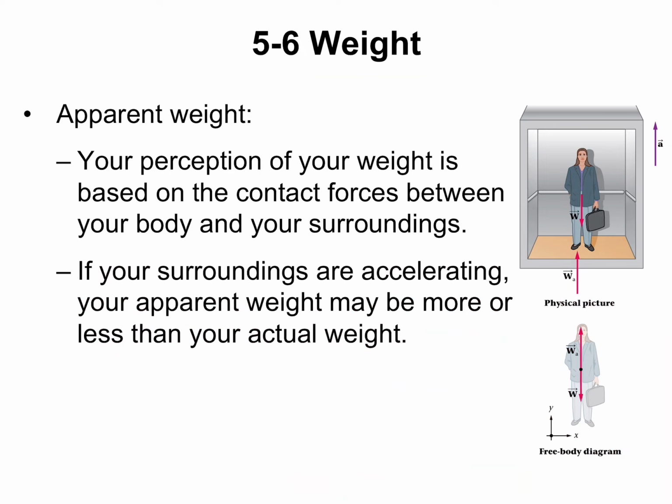Sometimes we have a different weight, which we call apparent weight. So what is apparent weight? Apparent weight is basically the normal force. If you stand on a surface and do a free body diagram on you, how many forces are on you?